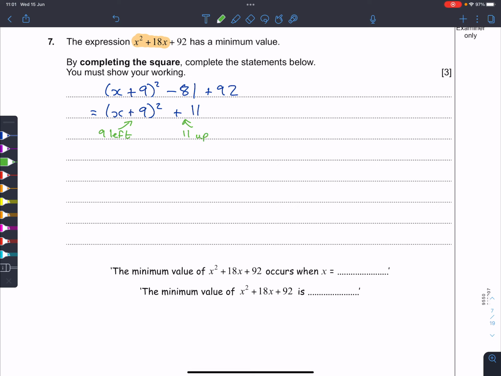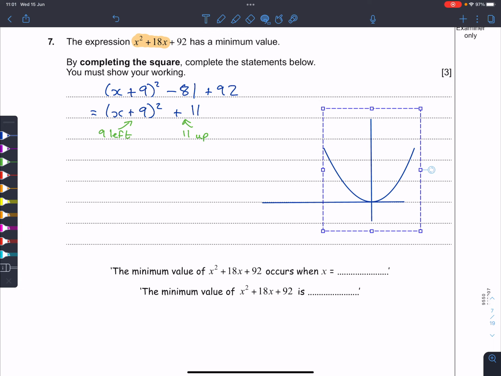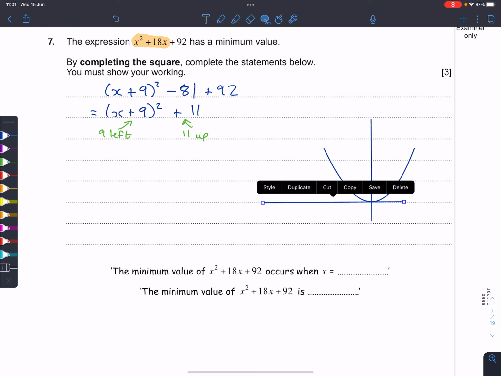Now when I do this, I always like to sketch the graph, and it's good practice to do it anyway. So first, I will bring up a normal x squared graph. Okay, here it is, my normal x squared graph.